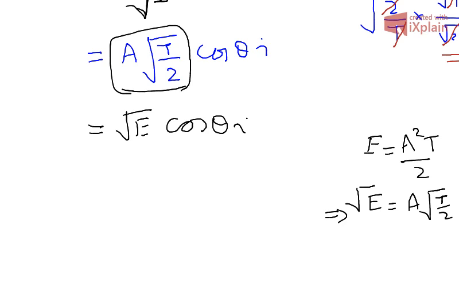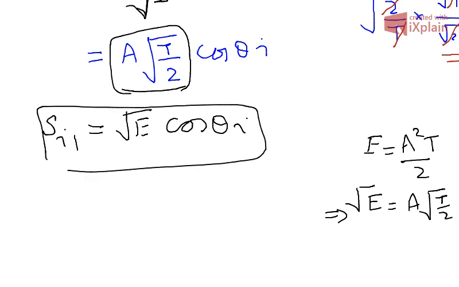We wanted to prove that our S sub I1 is actually equal to the square root of the energy cos theta. Similarly, we can verify that S sub I2 is equal to square root of the energy sin theta. We can verify this.